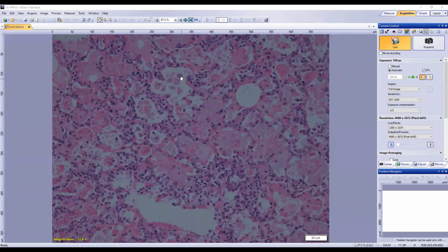And as you can see here, these are probably macrophages. So I don't know, it's tough actually. It's hard. So everyone, what's our classic appearance for type 2 pneumocyte hyperplasia?